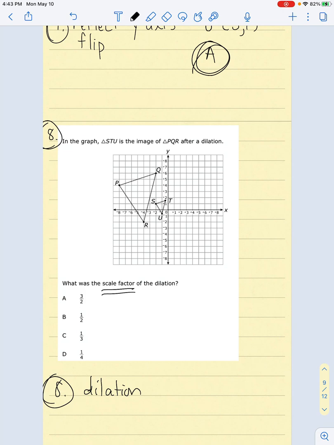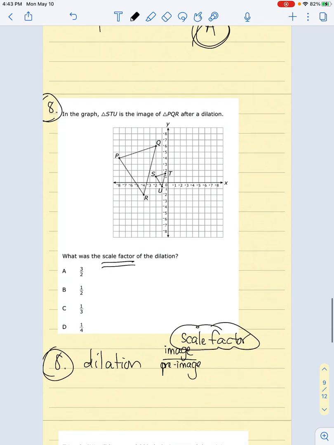And they said STU is the image after dilation. If you'll remember, the image goes on top and your pre-image goes on bottom. It's like you're making a fraction. So that's how we find the scale factor.